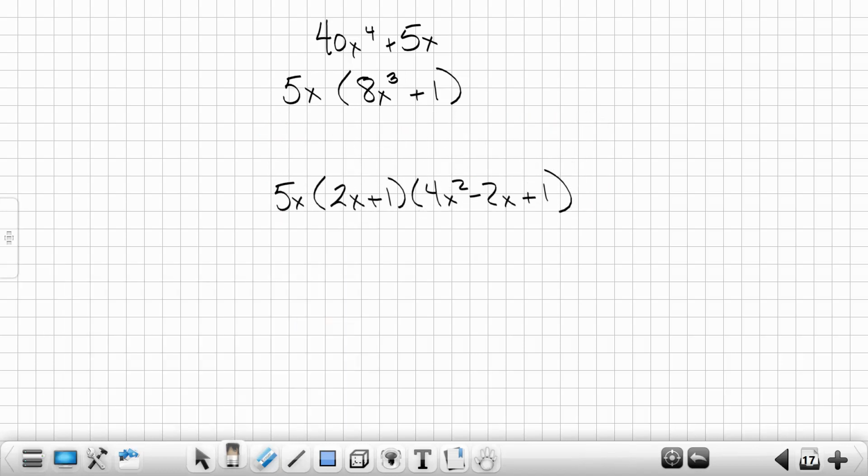So if I were to take the steps from last time, I've got the sum of two cubes, and it's going to break off the same way.